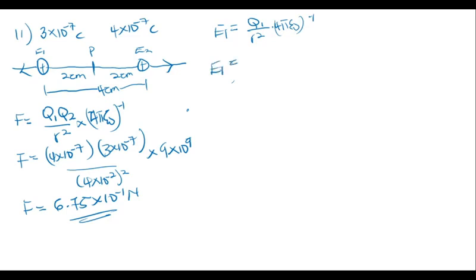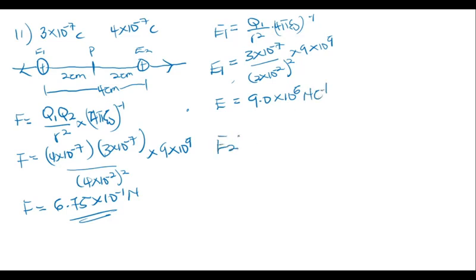So our E1 is 3 times 10 raised to the power minus 7 divided by 2 times 10 raised to the power minus 2, all squared, times 9 times 10 raised to the power 9. The electric field that the positive charge is exerting, if we punch this into the calculator, is 9.0 times 10 raised to the power 6 Newton per Coulomb.